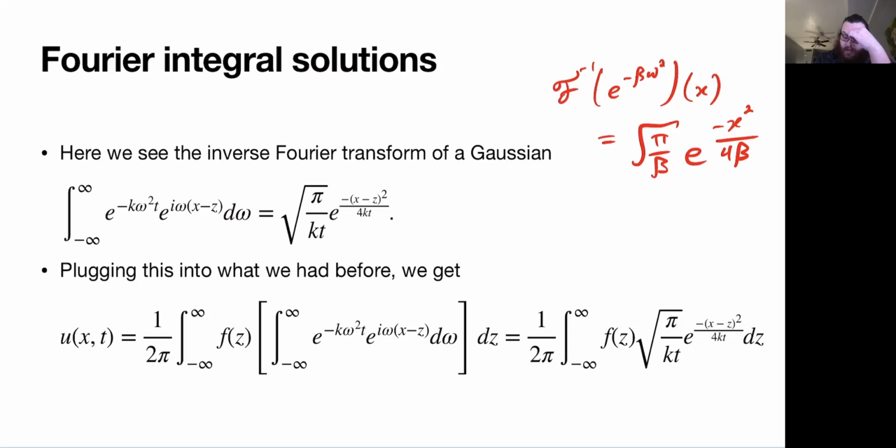And so what we're saying is that beta in this case is k times t, and the point that we're evaluating at, x, is this point x minus z.